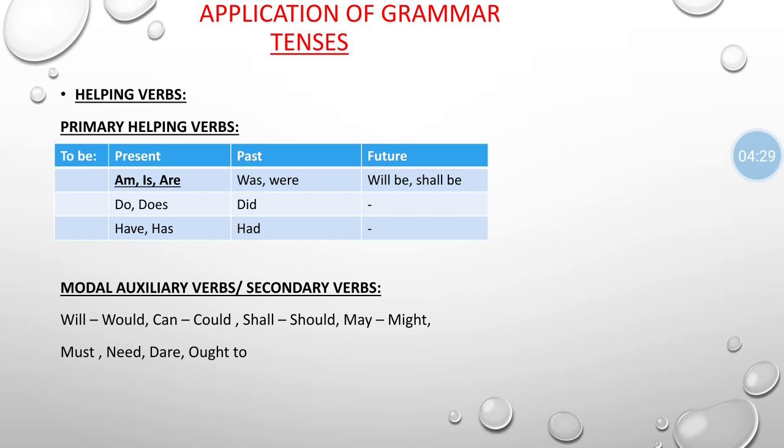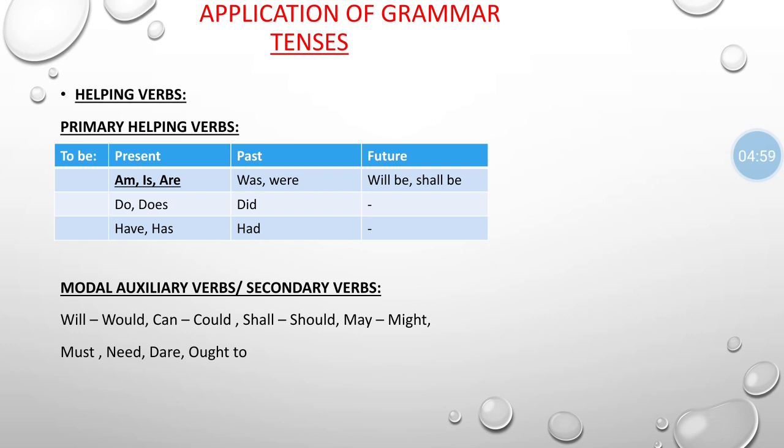For future, will be, shall be, etc. These are the primary helping verbs we use in tenses. Am, is, are for continuous tense; was, were for continuous tense also; will be, shall be for simple as well as continuous future tense also.